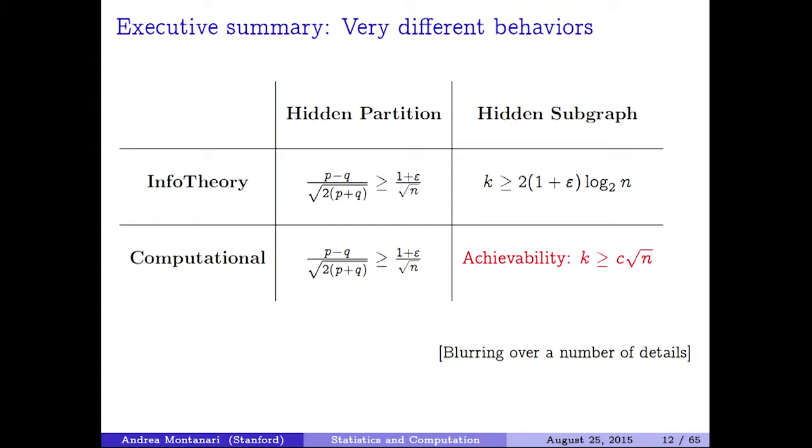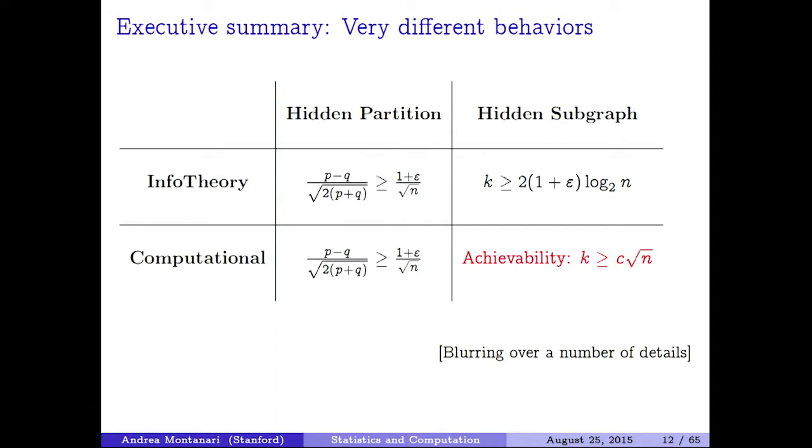This is the information theoretic threshold, and this is matched computationally. And for the hidden subgraph problem, the situation is very different. You can find the subgraph as soon as this is larger than 2 log n, basically. So this can be extremely small, and still you will find it. It's very easy to see this thing.